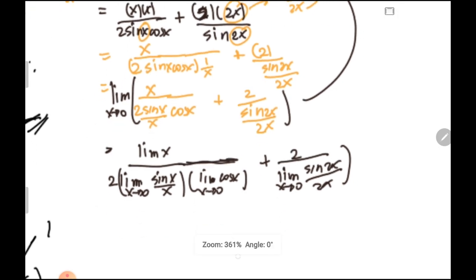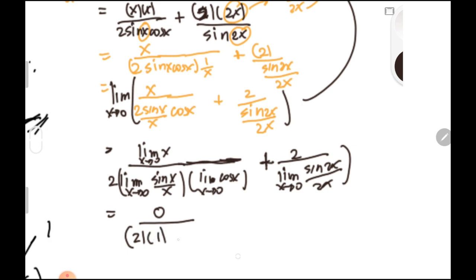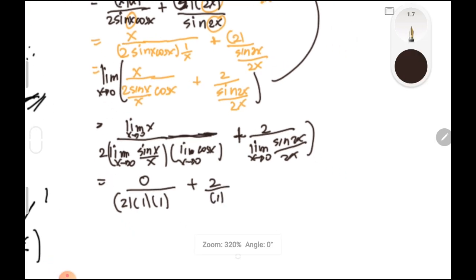Alright, so therefore we'll have a value equal to the limit of 0, as x approaches 0, divided by 2 multiplied by 1 plus 2 divided by 1. So therefore we'll have a value later on equal to 2.